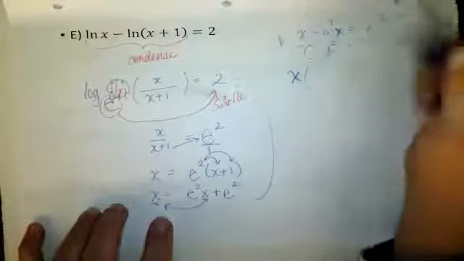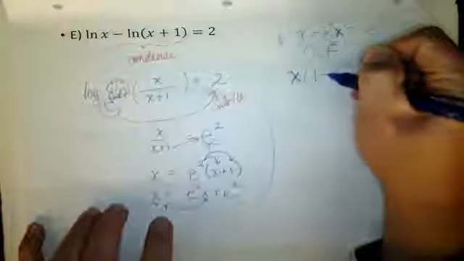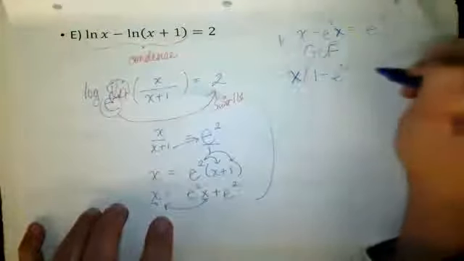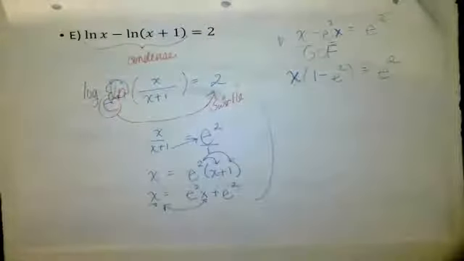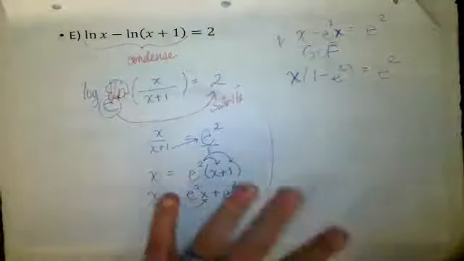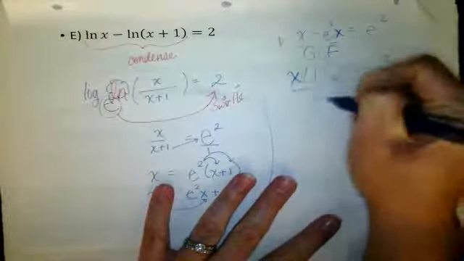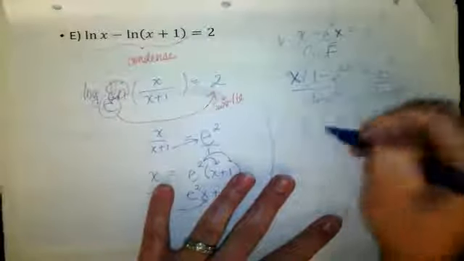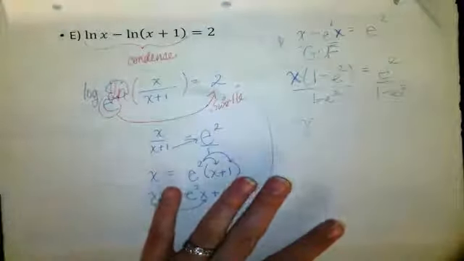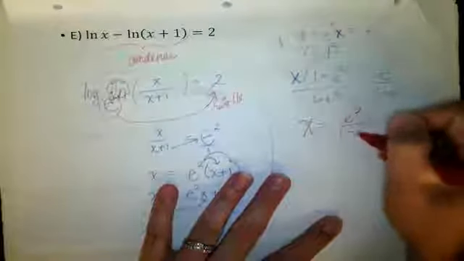What's left behind? 1 minus e squared equals e squared. And then now, how do you get x by itself? You can divide by all the garbage. Divide by 1 minus e squared. So we have x equals e squared over 1 minus e squared.